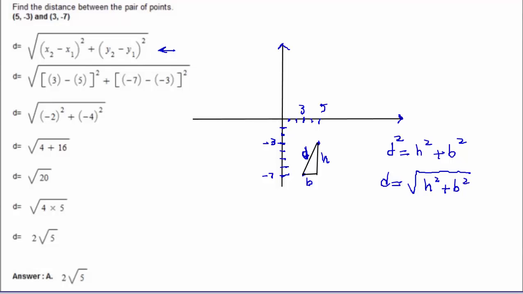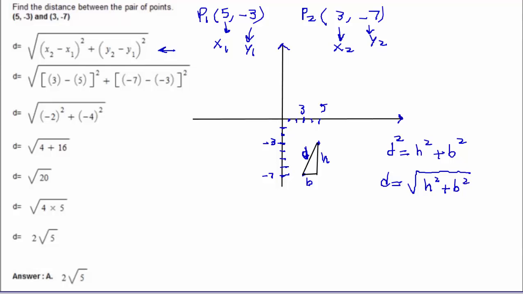So it looks like you're saying y2 is equal to negative 7, so we're saying that point 2 is equal to 3 and negative 7, so this would be y2, and this is x2, and we're calling the first one point 1, 5 and negative 3, so this would be x1, that would be y1.